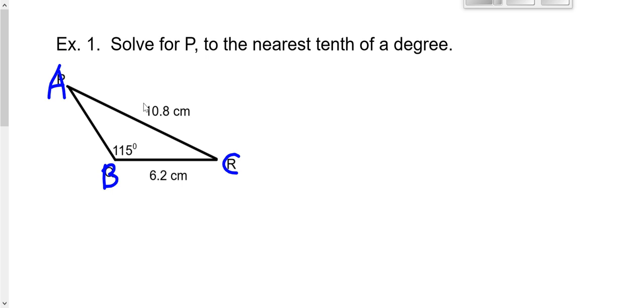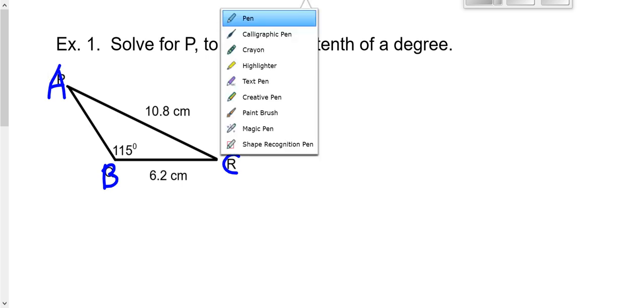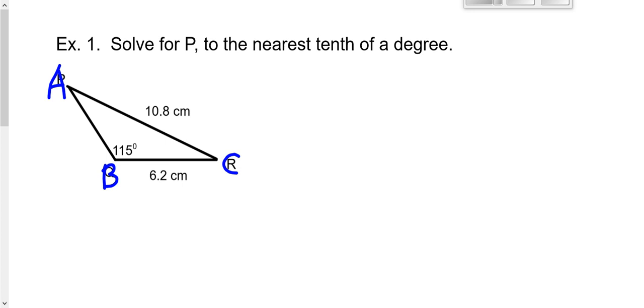If this is B, my lowercase b would be this. If this is C, my lowercase c would be this. So in this case, you are looking for P, which we change to A. To avoid confusion, let's highlight this. That's what I'm trying to find.